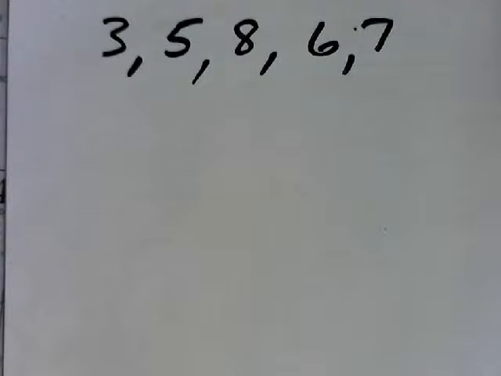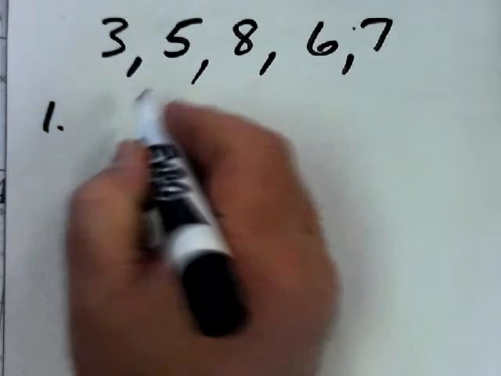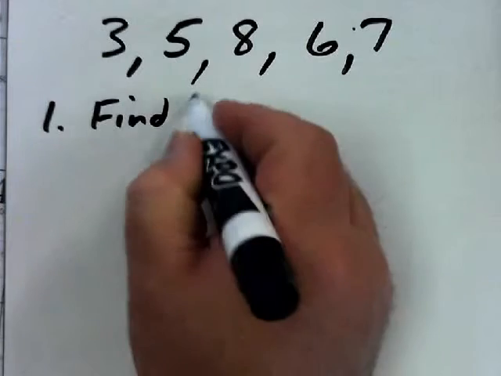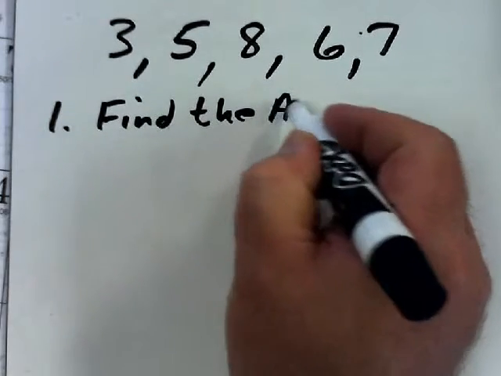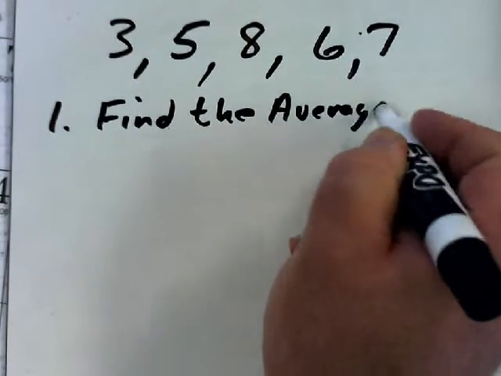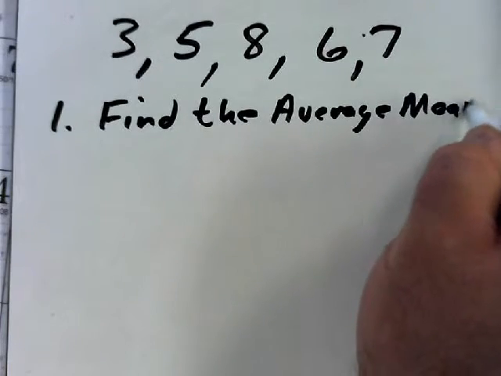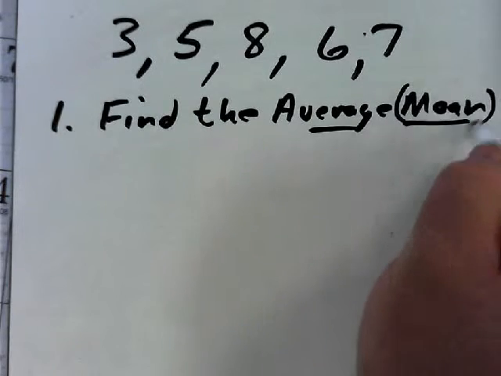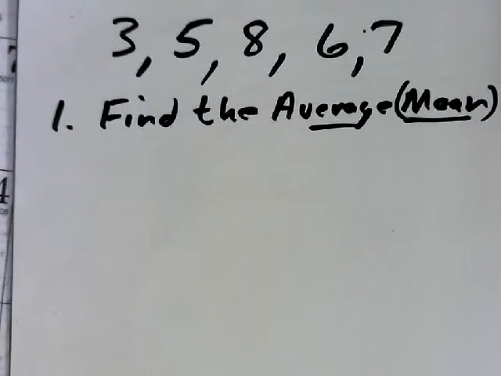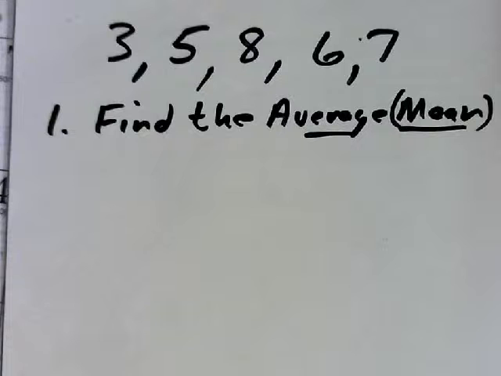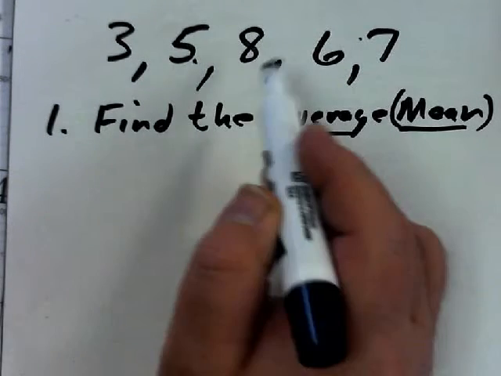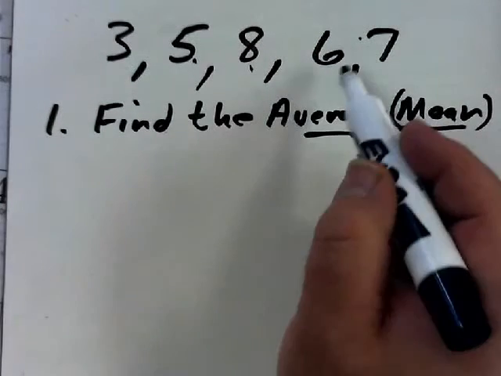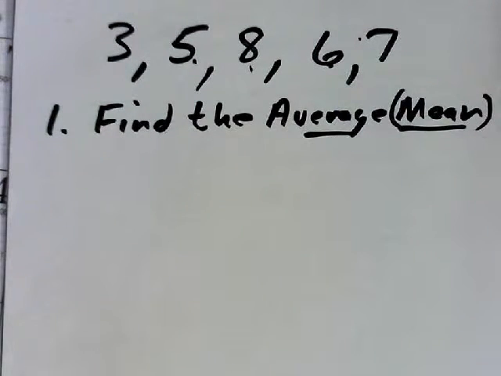To find the standard deviation, first step is find the average, or the mean, whichever you want to call it. So if I was to do that, how do I find the average? Okay, so 3 plus 5 is 8, 8 and 8 is 16, plus 6 is 22, plus 7? 29.